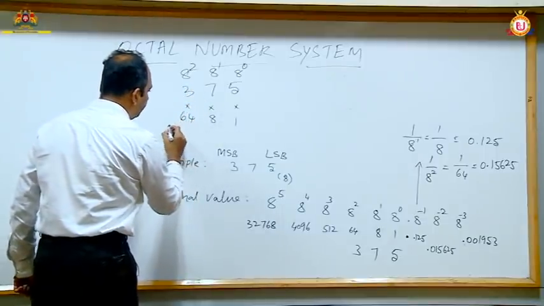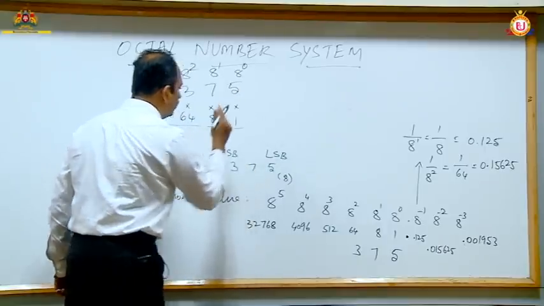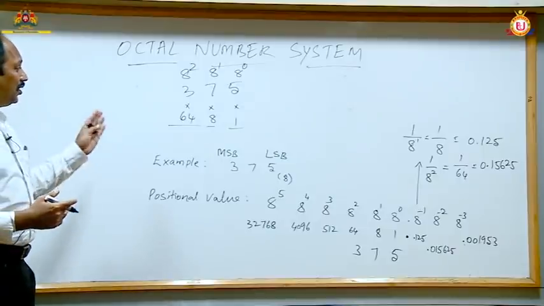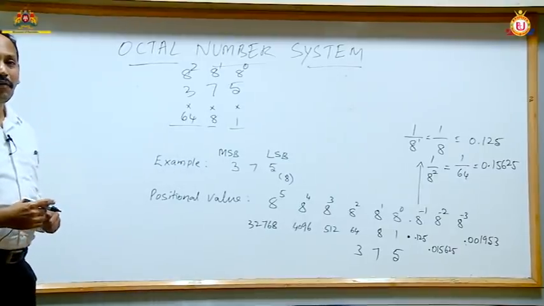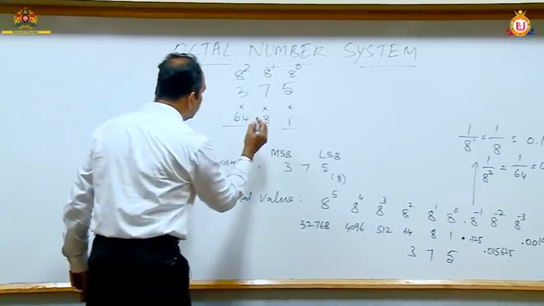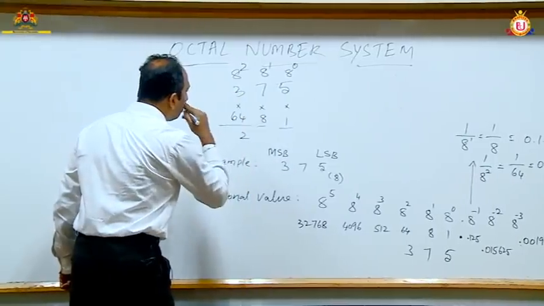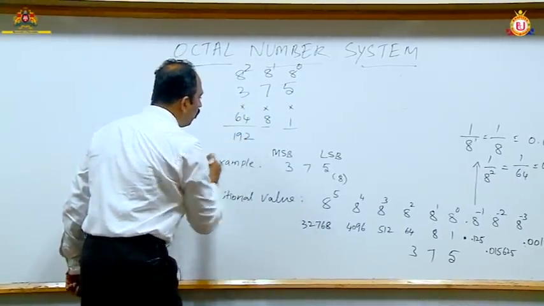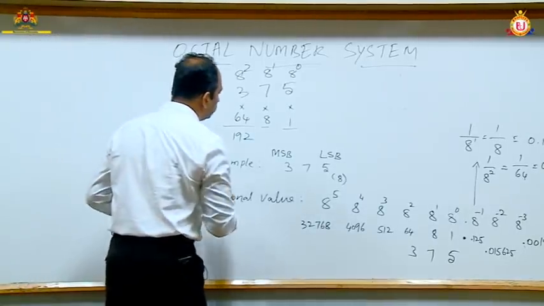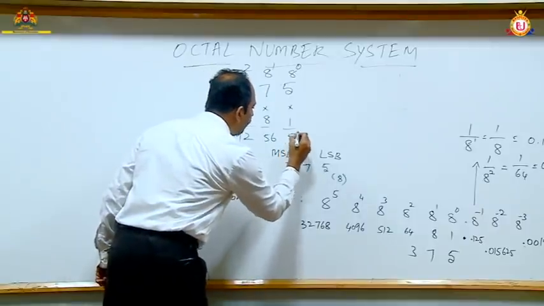3 times 64, 7 times 8, 5 times 1. If you calculate and find the sum of it, it will give you the final value. So, this is 192, this is 56 and this is 5.